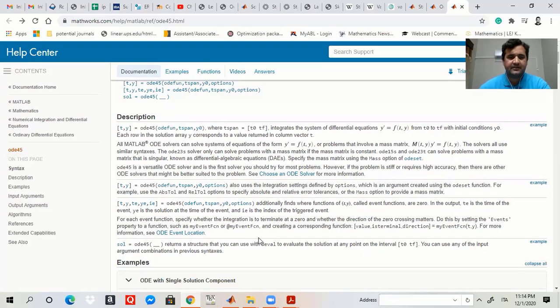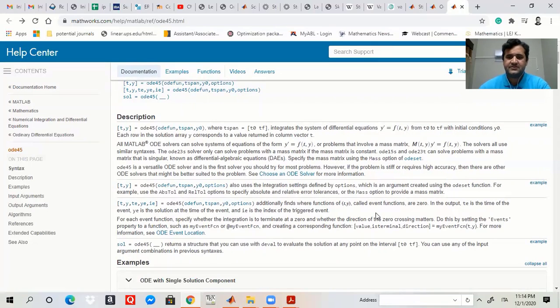Okay, and you can also study some extra information. For instance, at the next step, I can find the event functions, which will be 0.